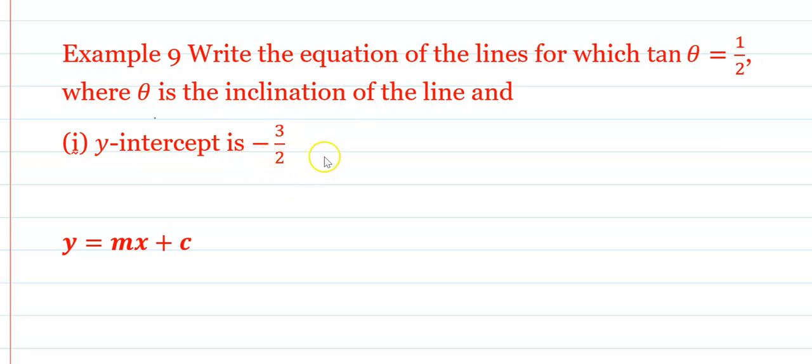Here we know that m, that is the slope of the line, is nothing but tan of theta, that is the tan of inclination. Therefore tan theta is equal to 1 upon 2. And here we know the y-intercept and the slope of the line. Therefore, its equation is y is equal to mx plus c in this form.